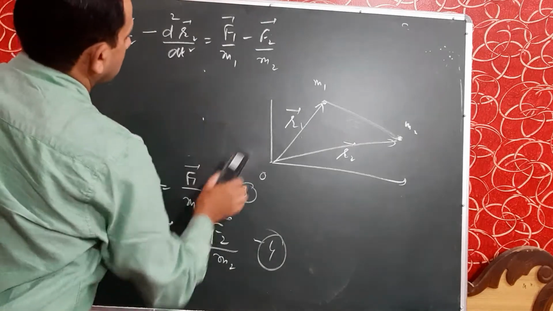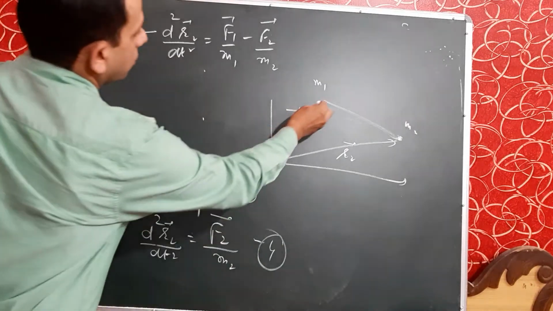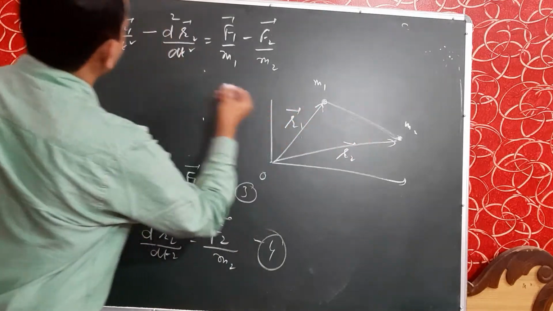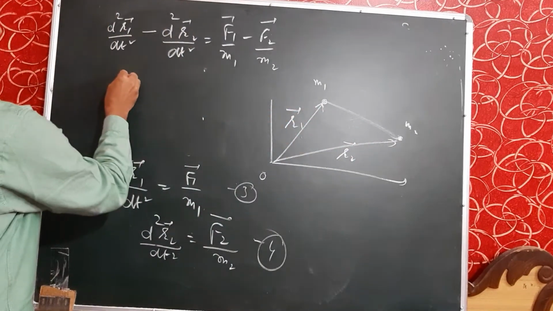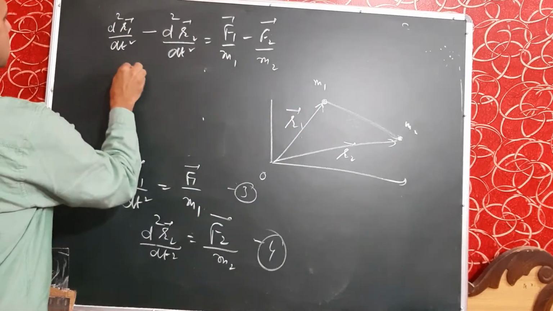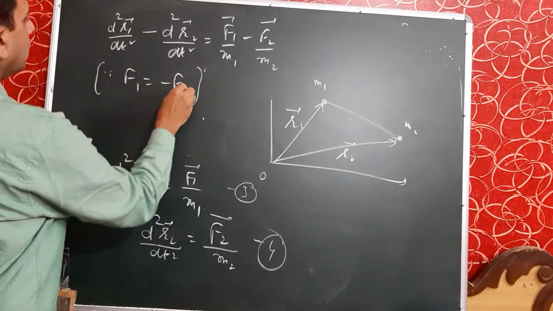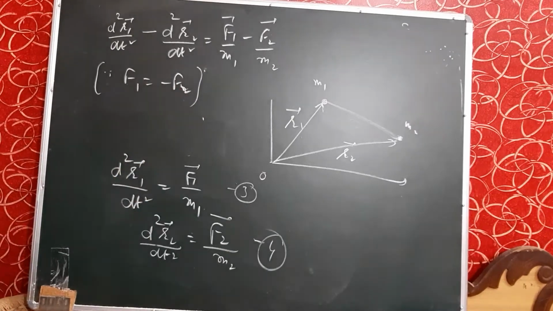Now, applying Newton's third law, we know that action and reaction are equal and opposite, that is F1 is equal to minus F2.